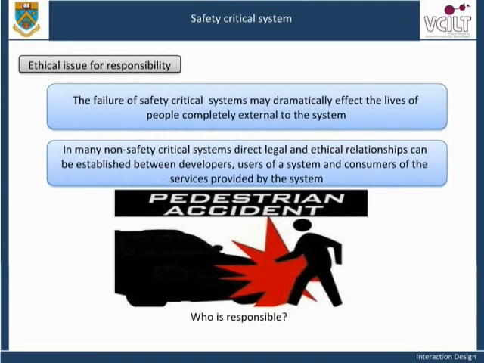The driver for bad driving? The leasing company for hiring a defective car? The manufacturer? The subcontractor who developed the ABS system for the manufacturer? Or yourself for crossing the road while knowing that there are cars out there with faulty brakes?